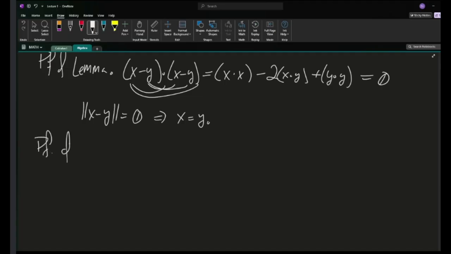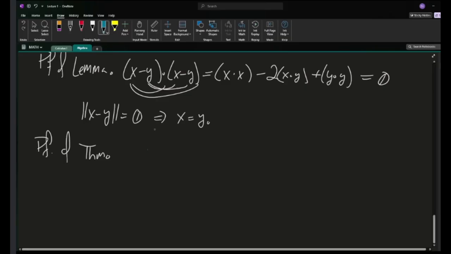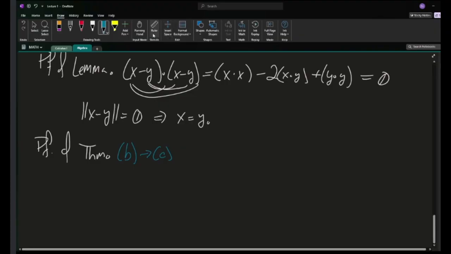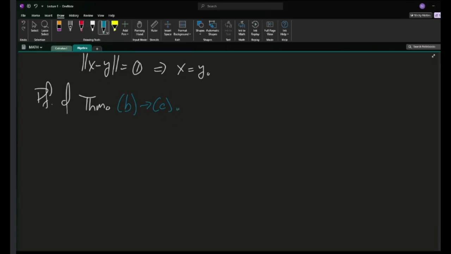Let's go back to the theorem itself. I'm going to prove the direction from B to C. We're going to do this first, and the textbook does this first in order to lay down the foundation to prove A to B. It allows us to have some defining variables that we could use in the future.